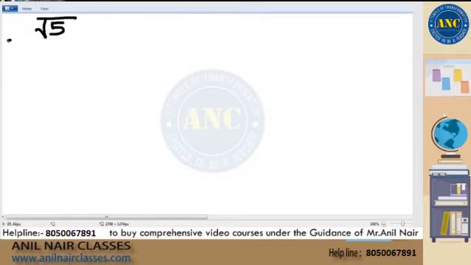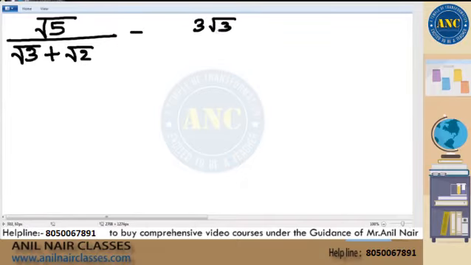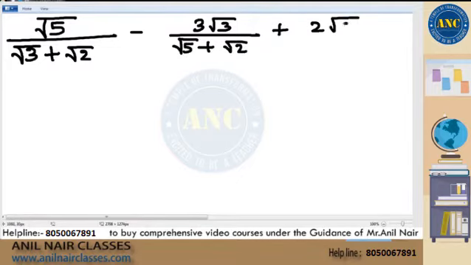Question looks difficult but not the answer. Root 5 divided by root 3 plus root 2 minus 3 root 3 divided by root 5 plus root 2 plus 2 root 2 divided by root 5 plus root 3. Try to solve it directly as much as possible.